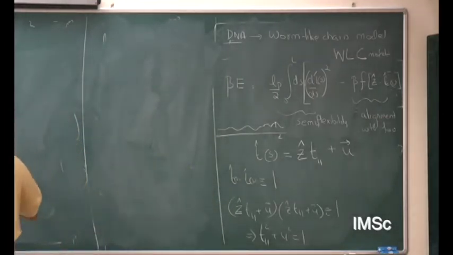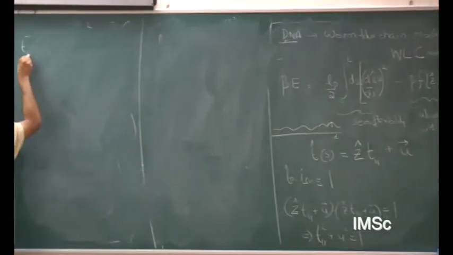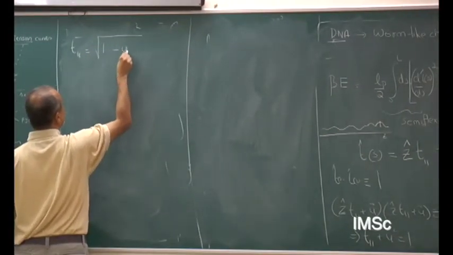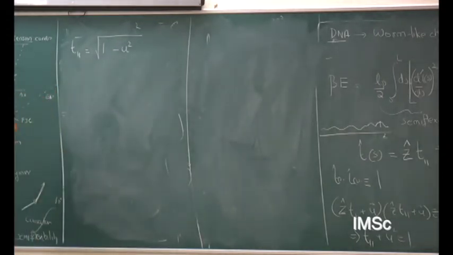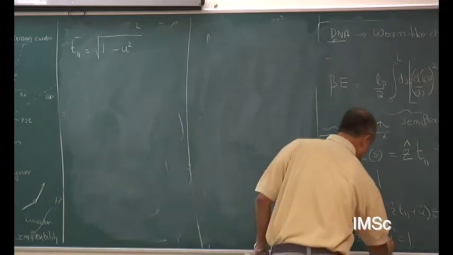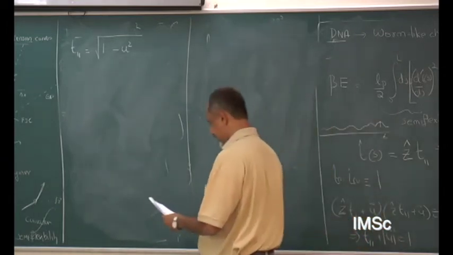That further implies that T parallel must equal the square root of 1 minus u squared, mod u squared to be strictly correct.